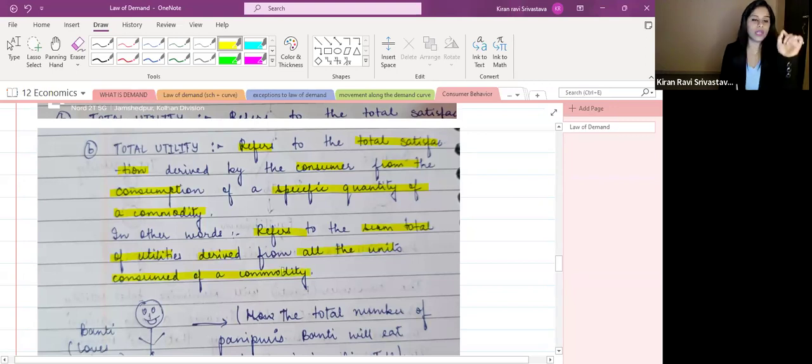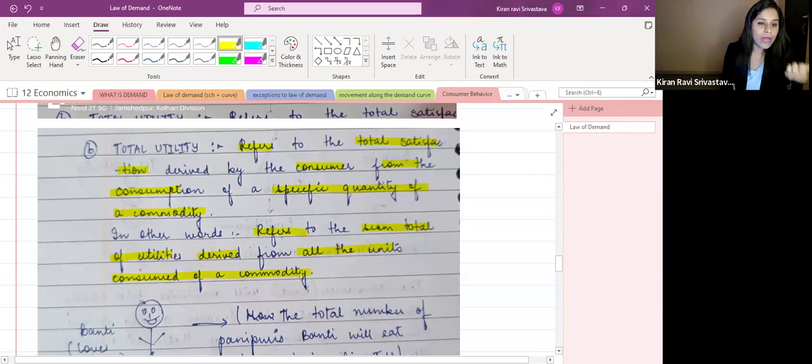Just a very small example here. For example, I want to consume ice cream because it's very hot, and to suppress the heat, I want to have ice cream. That is just utility, the want-satisfying power of the ice cream.